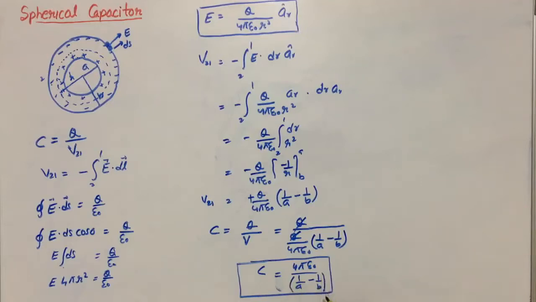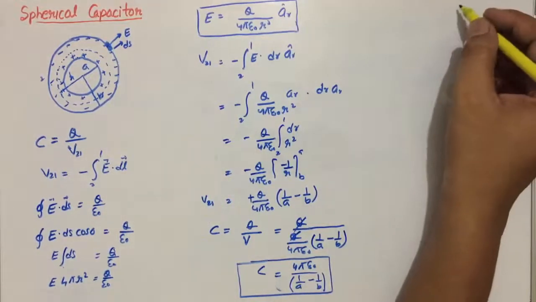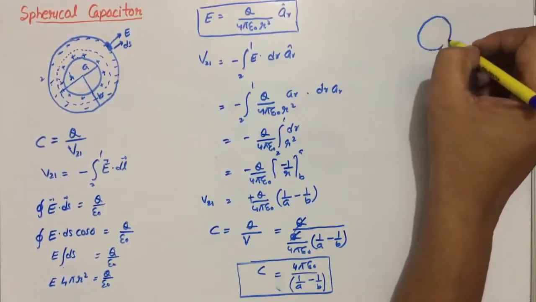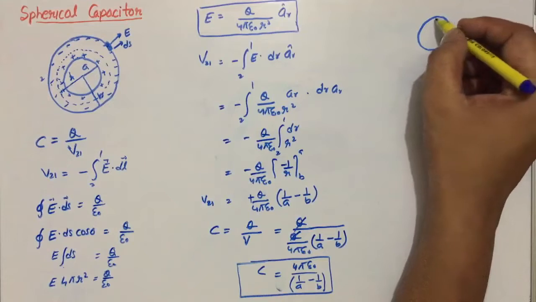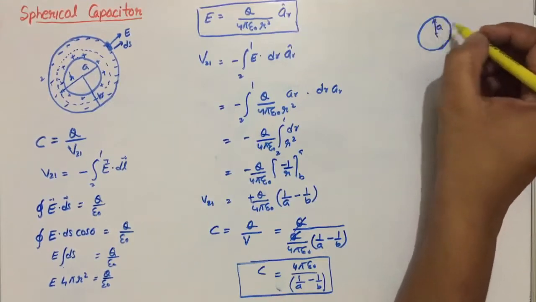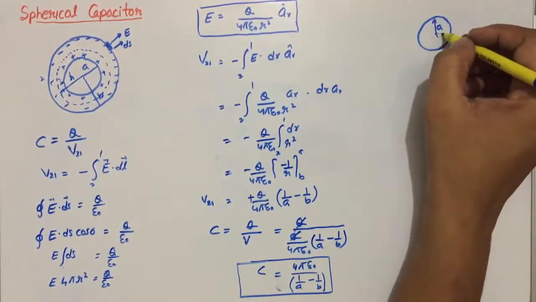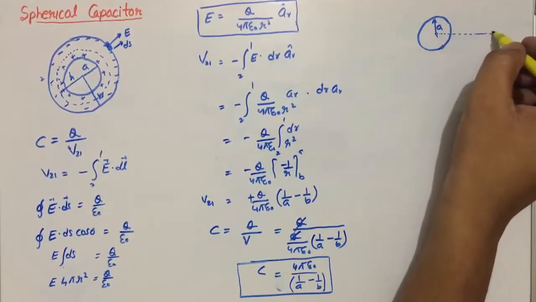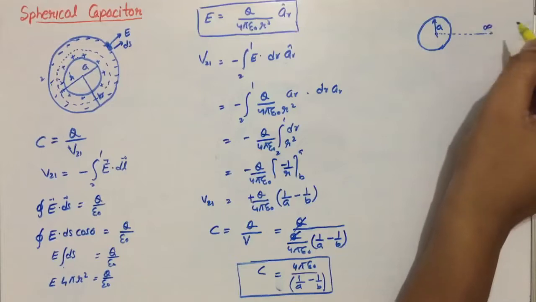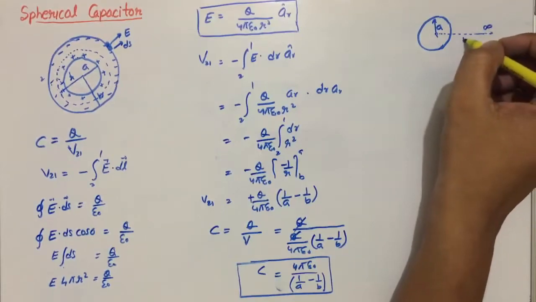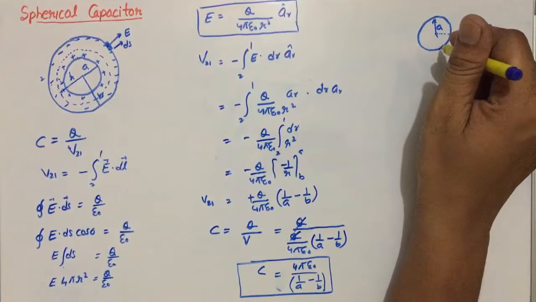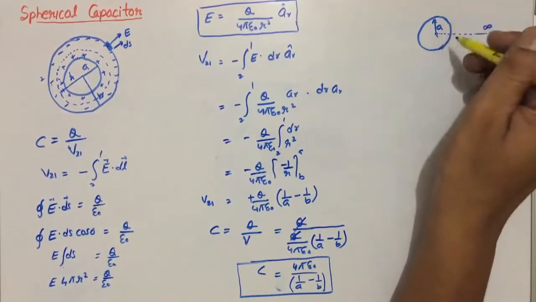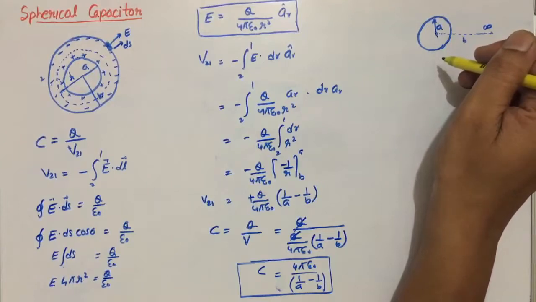Okay. Now consider a single spherical conductor. The radius is a only. Consider b is very far, for example, consider infinite. So in that case, if we have a single spherical conductor, then this type of arrangement is known as an isolated sphere.